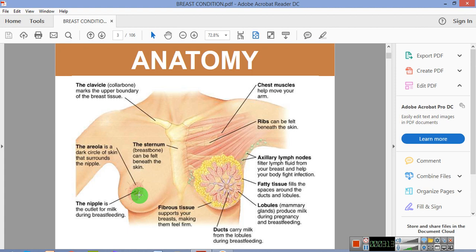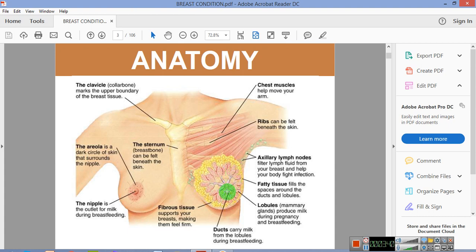Okay. The mammary glands of the breast contain varying amounts of glandular tissue supported by fatty tissue and fibrous connective tissue that anchor the breast to the chest wall. Each breast contains about 20 lobules, each of which contains a number of glandular structures where milk is produced.